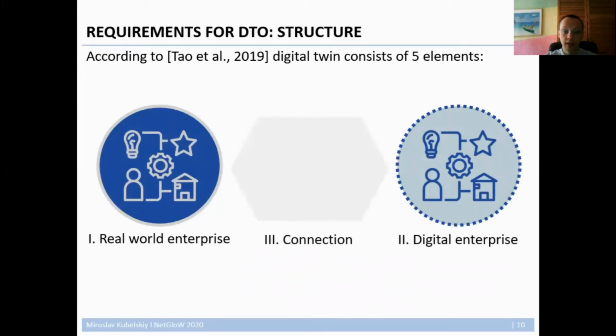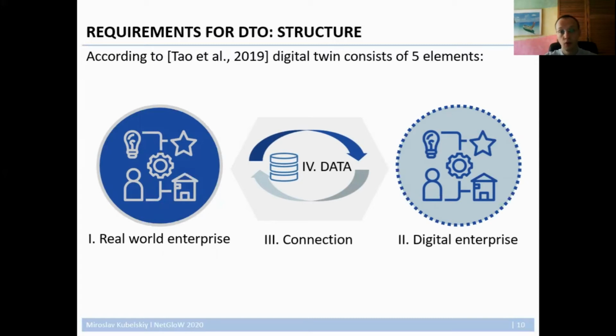The third one is the connection between the two. And the fourth is the data. Data is necessary for a digital twin, and this technology should provide an opportunity for bidirectional flows of data.